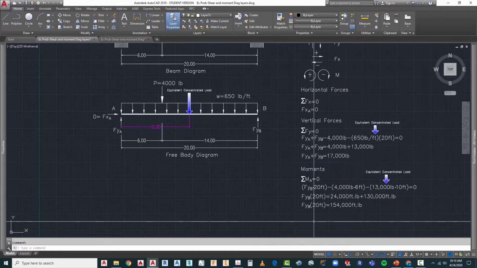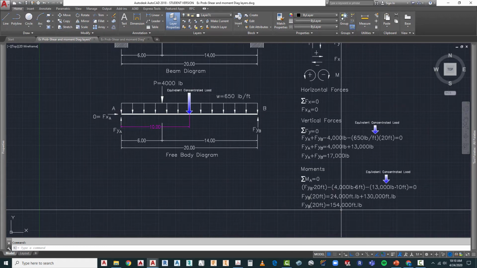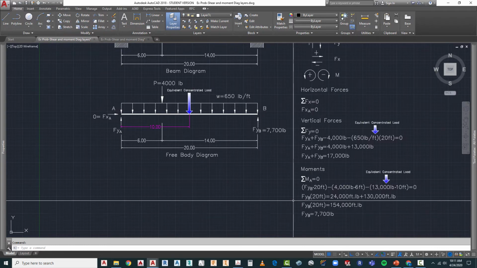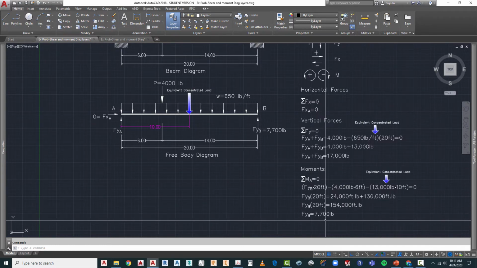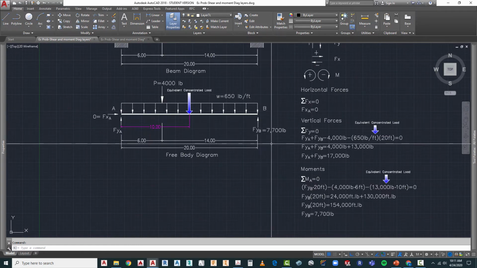The next step is we're solving for FYB times 20 feet is a total of 154,000 foot-pounds, and then finally we come up with our reaction at FYB. Our vertical reaction is 7,700 pounds. So we can add that value right here to our free body diagram.